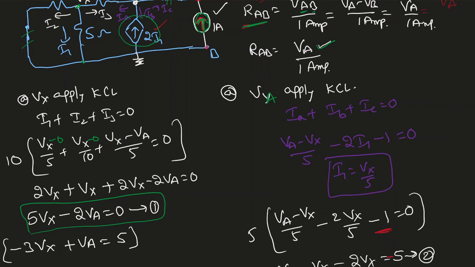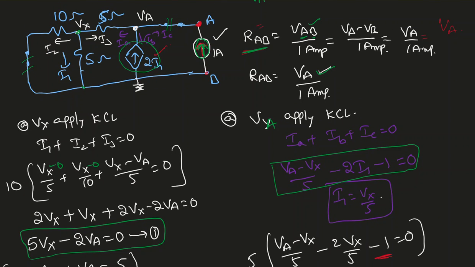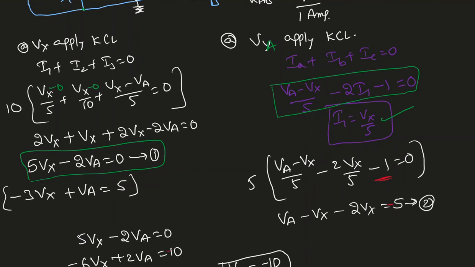So this is the KCL at VA. I'm going to substitute I1 equal to Vx divided by 5. Once I substitute that, we end up with VA minus Vx minus 2Vx equal to 5.